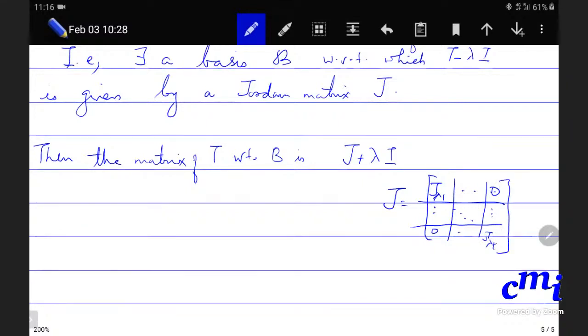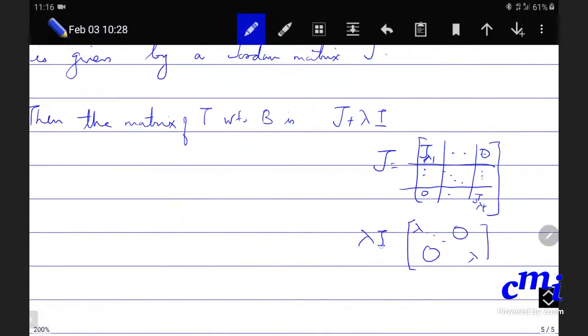On this, we are adding lambda times I. If you add this, that is also in Jordan form. The block structure has not been disrupted because you're adding the same lambda everywhere, and it's only being added on the diagonal. So the line below the diagonal also has not been touched, and the zeros have not been touched. I hope that is clear.